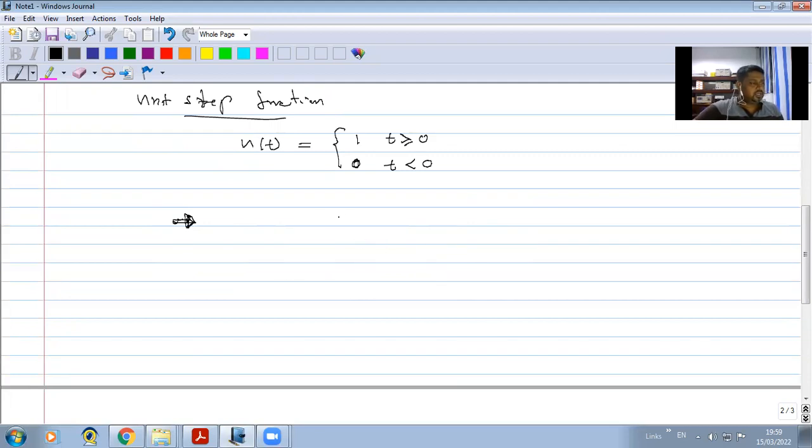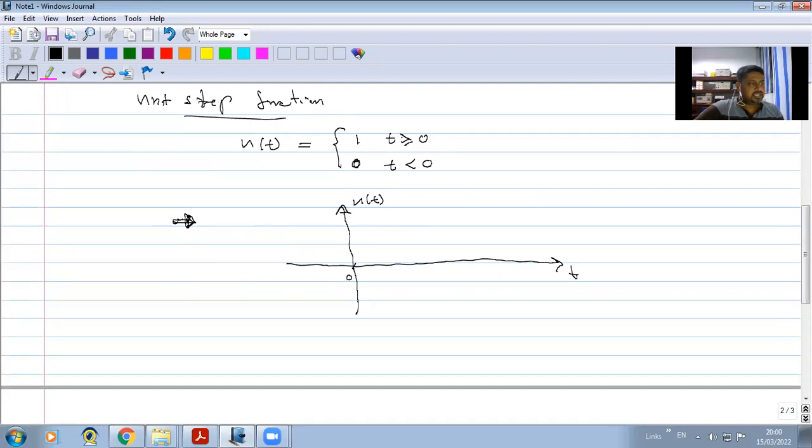Okay, so I will draw it. It is just like this. Normally we should have two variables, time and the amplitude, that is u(t). When t is greater than or equal to 0, u(t) is equal to 1. This is the 0 axis.